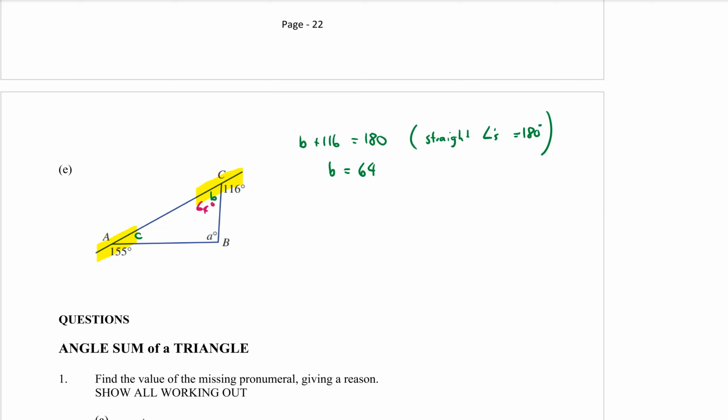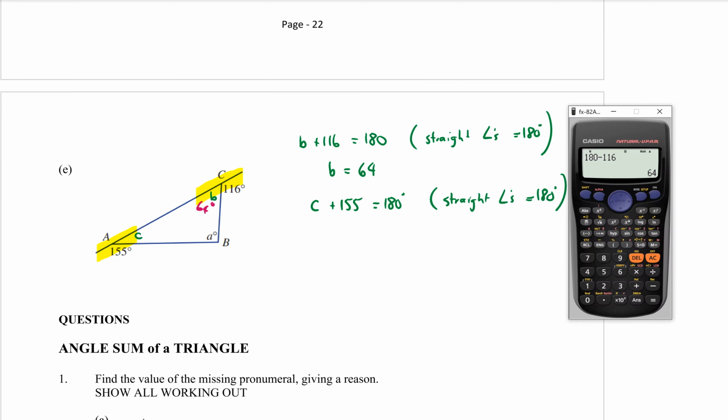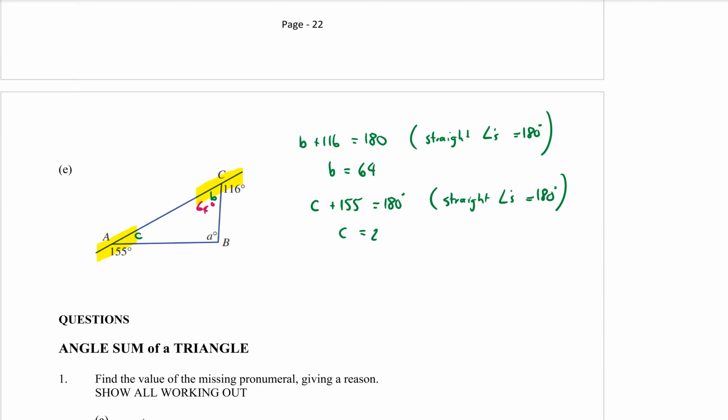Now I can do the same thing to find little c. C plus the 155, sorry, let me write that again, is equal to 180 degrees as well, also because straight angles are equal to 180 degrees. So we're going to subtract off that 155. So 180 minus 155 means that C is equal to 25 degrees.